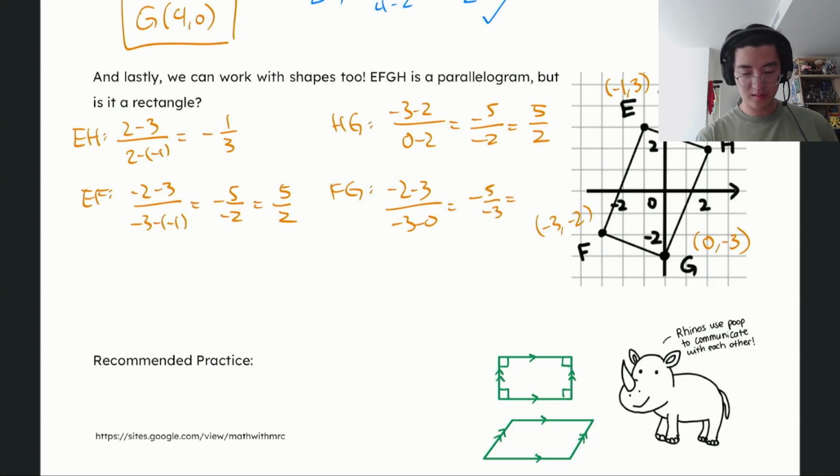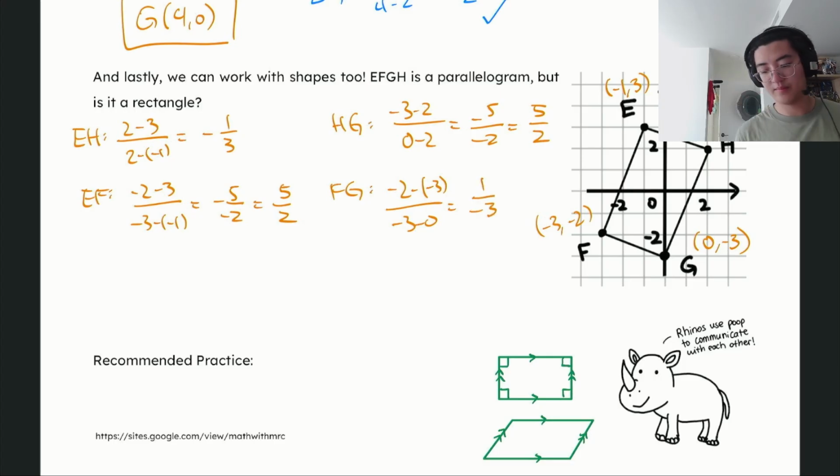Oh, hold up. So that gets us 1 over negative 3. Okay, there we go. Here are the slopes.